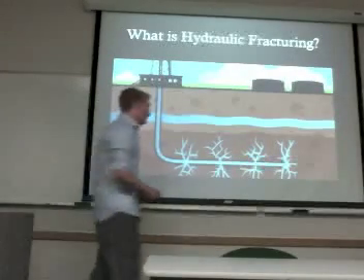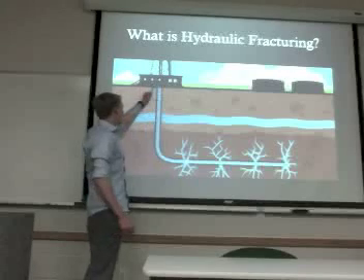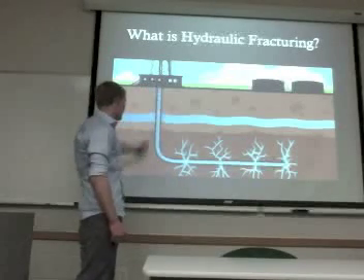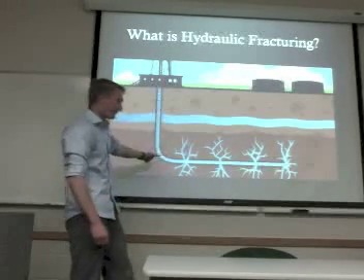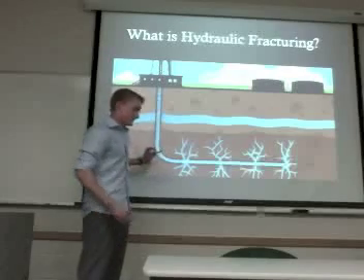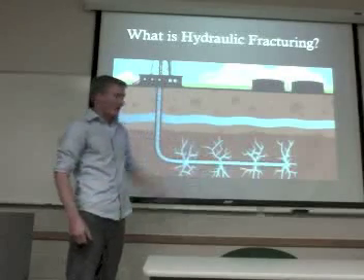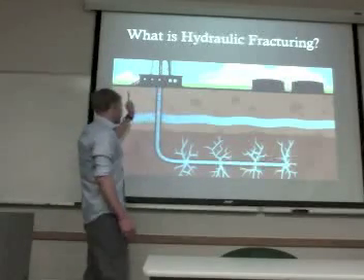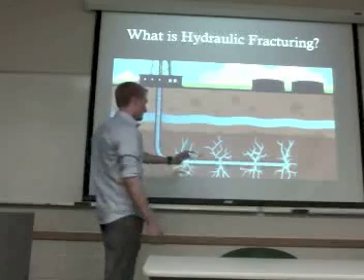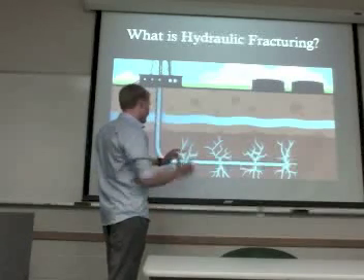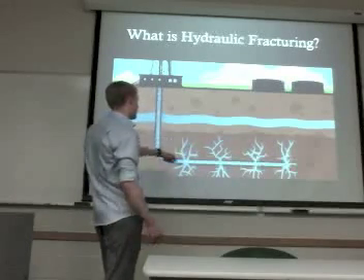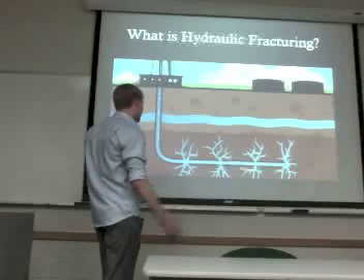So the process starts where a bore hole is drilled to about 1.5 miles down, and then it goes horizontally out. And then a compression device is lowered 1.5 miles down to the bottom of it, where it fissures the surrounding shale layer.